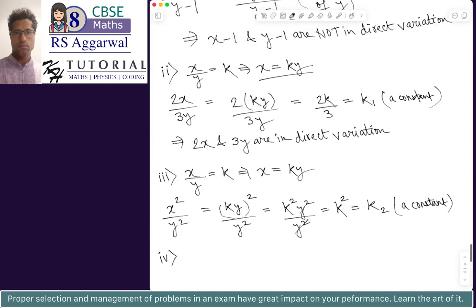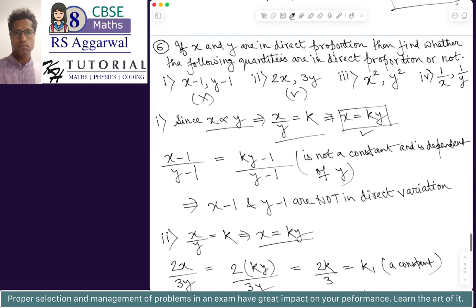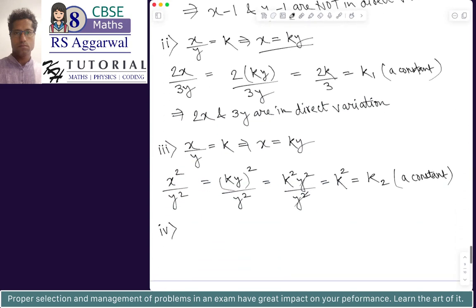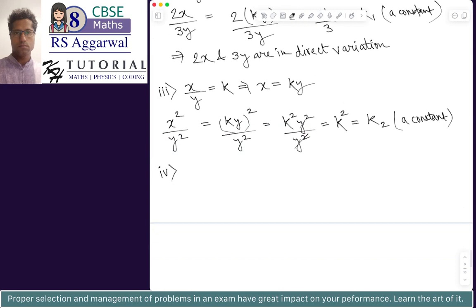Let's see part 4, which is 1 by x and 1 by y. So as usual, since x and y are in direct variation, we have x by y will be a constant k, let's say, and from here we will get x is equal to ky. Now we have to check whether the two quantities 1 by x and 1 by y are in direct proportion or not.